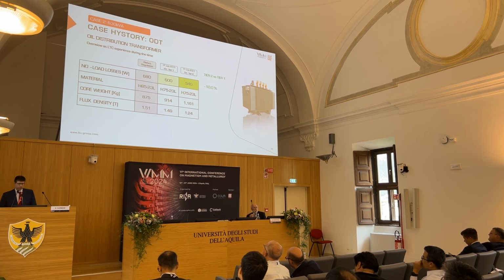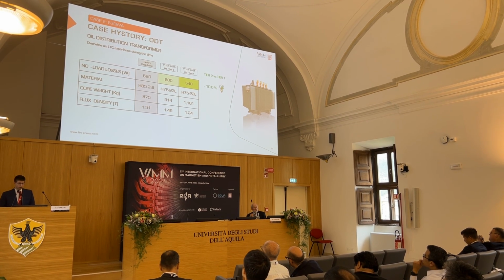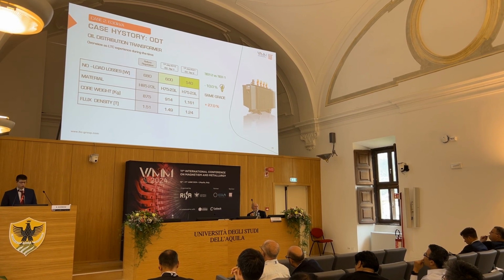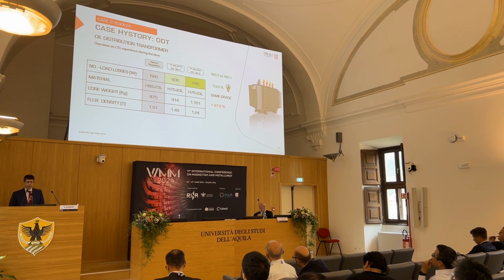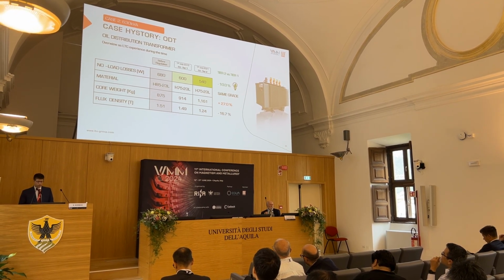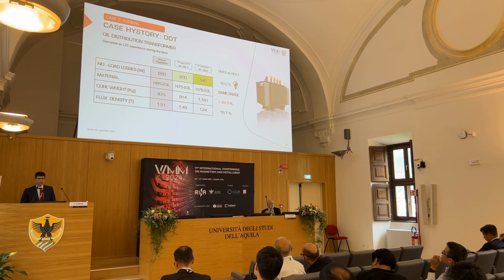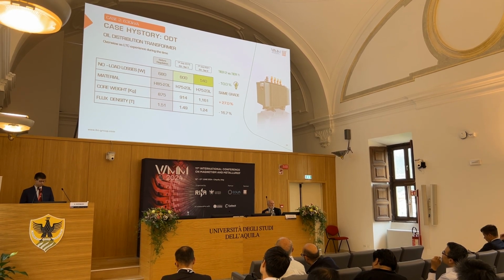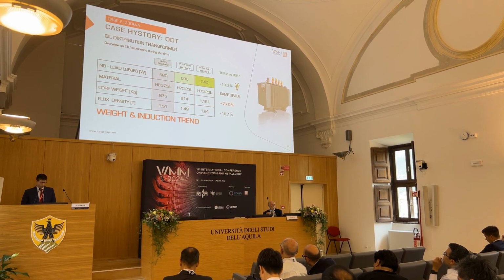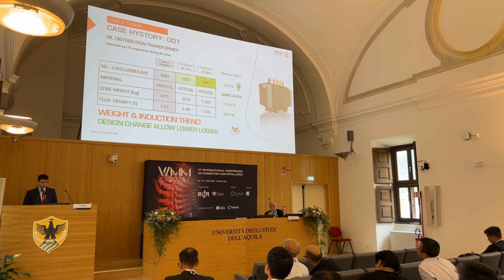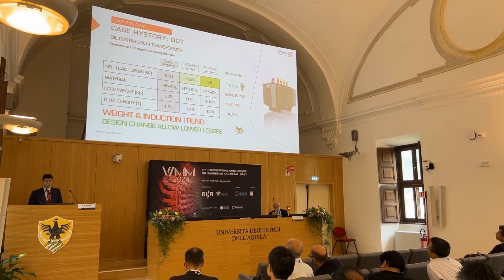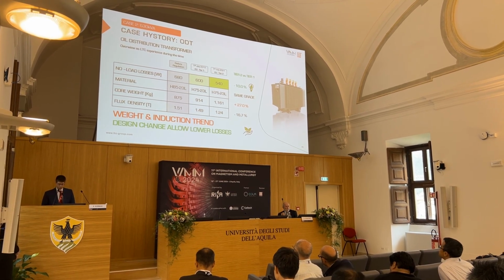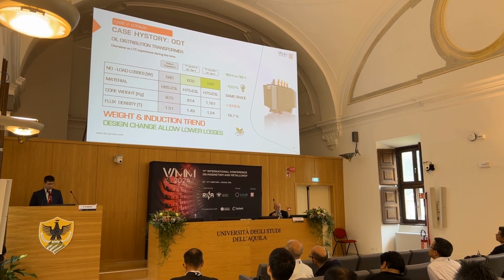Again, the no-load loss reduction is 10% by the regulation, and keeping the same grade in between the 2 regulations, the core weight had to make a big step of 27% additional weight, and the induction, as we can see, a 17% reduction in the flux density. And again, in these two cases, we have a big difference in terms of weight and the reduction of the flux density.